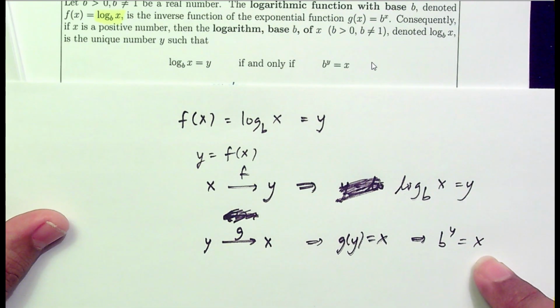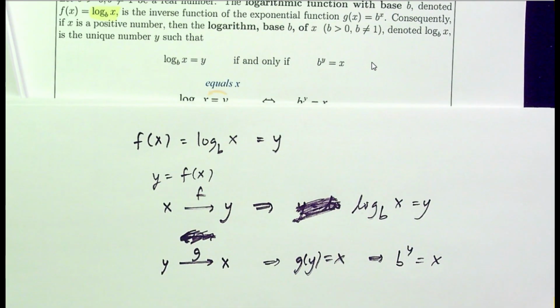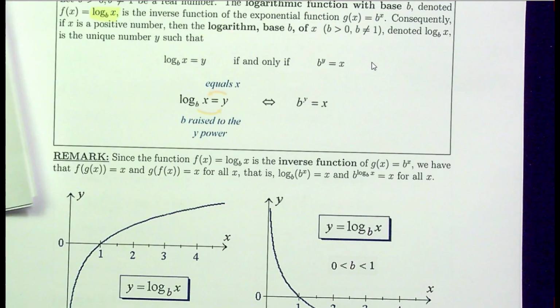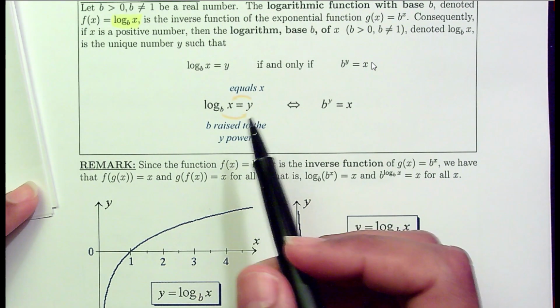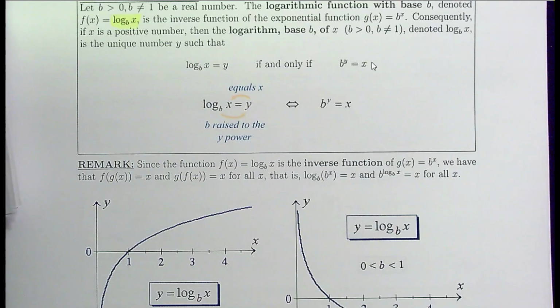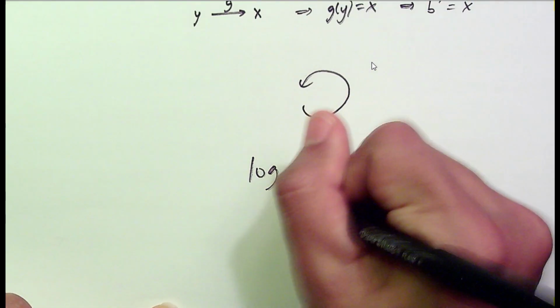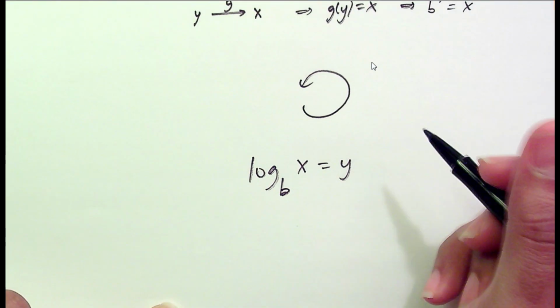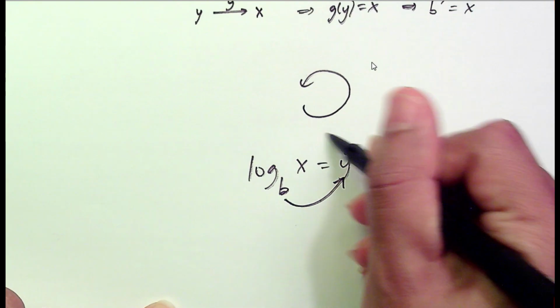And there's an easy way to remember this, which is the way I use all the time. These two are the same, and the way I remember this is by using a little diagram, which is like a little circle. You complete a diagram, you go like that on the logarithm. So you can write it big: logarithm base b of x equals y. That means that b to the y equals x.